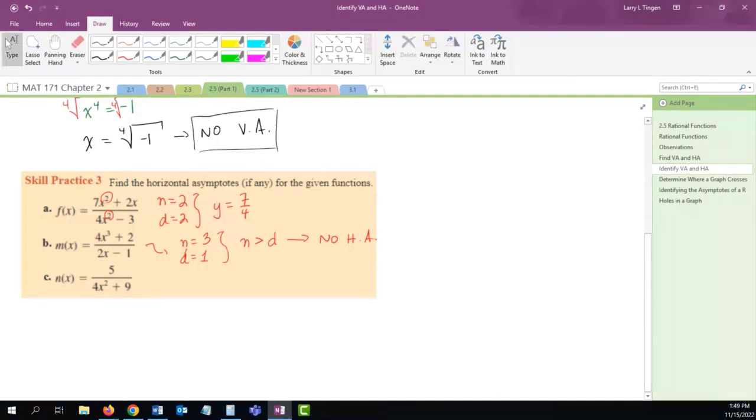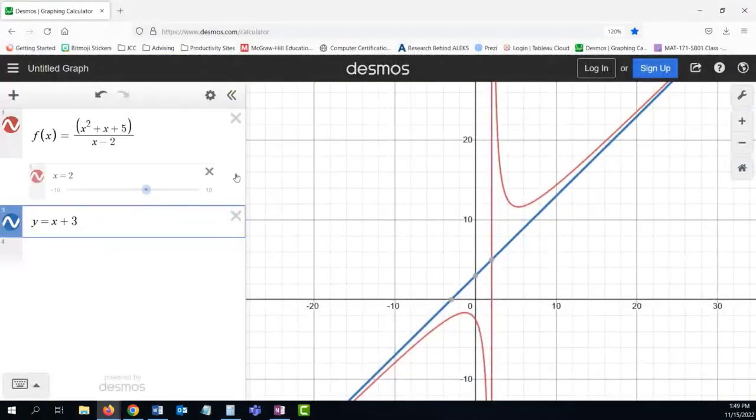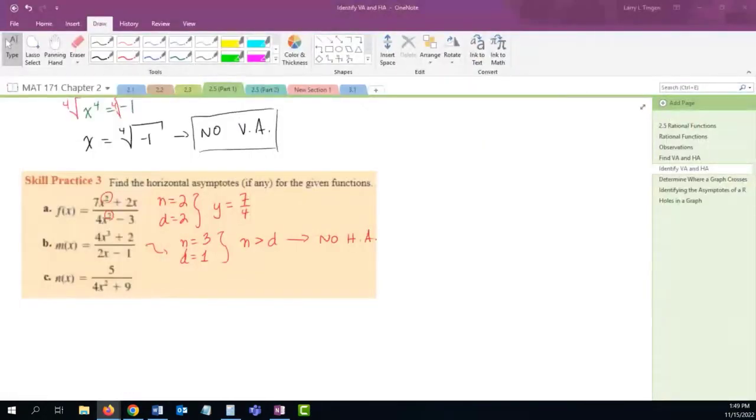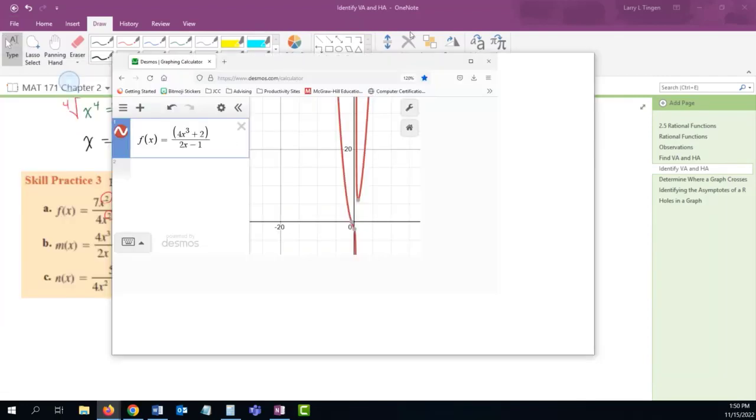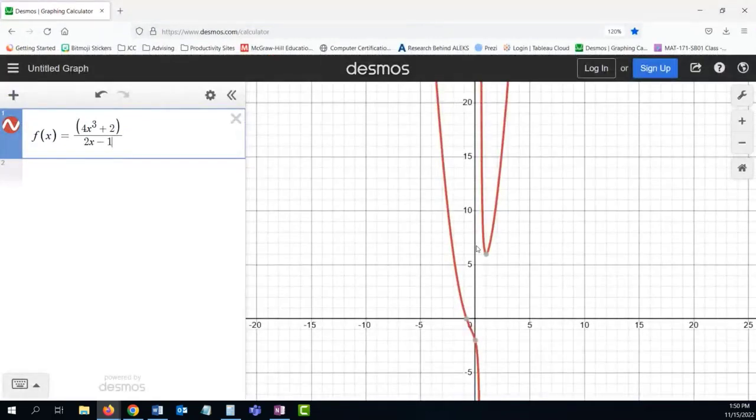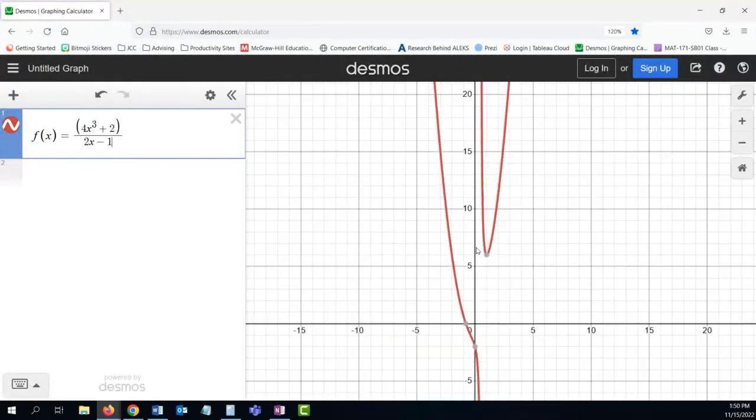So if I were to plot this or show you what this looks like on a graph, it's going to have a weird look, because my slant asymptote is not a straight line. It's actually a quadratic. Divide 2x minus 1. Okay. How weird does that look?